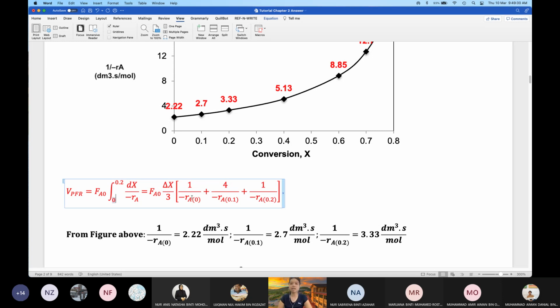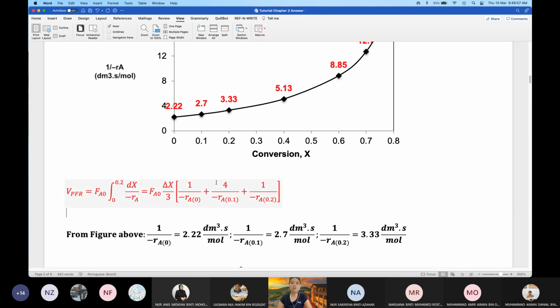So 1 per minus RA when my X is 0 because my lower limit is X saya adalah 0. So 1 per minus RA when my X is 0 plus 4 per minus RA at my middle conversion. So my initial conversion was 0, my final conversion 0.2, my middle conversion will be 0.1.